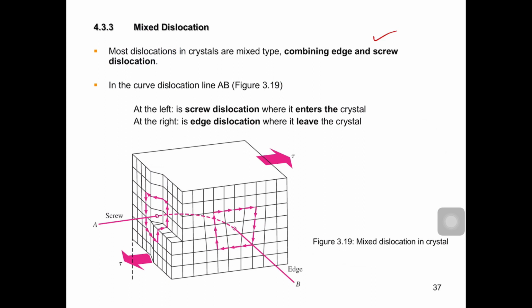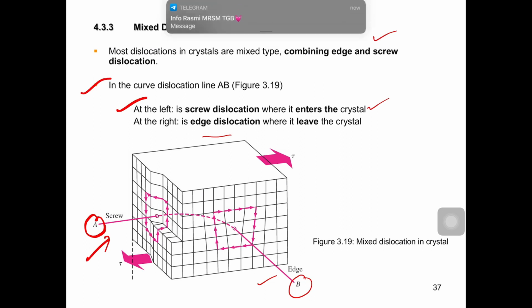In the curved dislocation line AB, from A to B, at the left is a screw dislocation where it enters the crystal, and at the right is an edge dislocation where it leaves the crystal. This one will show you which is the screw dislocation and which is the edge dislocation. You can compare them.